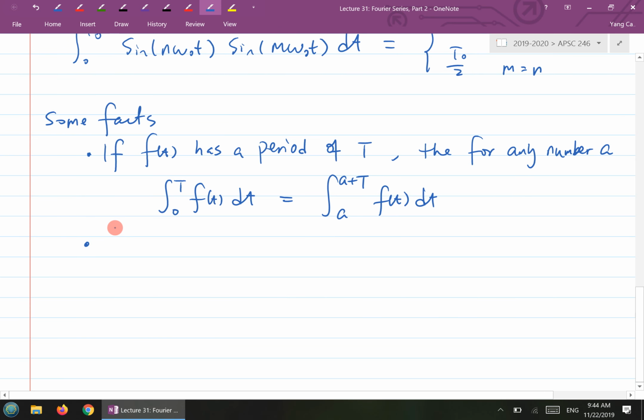And the other thing is, if f of t equals f of negative t. I think in the first lecture or tutorial, I can't remember now, we probably went over this a little bit. So when you have f of t equal to f of negative t, this basically says f of t is an even function.